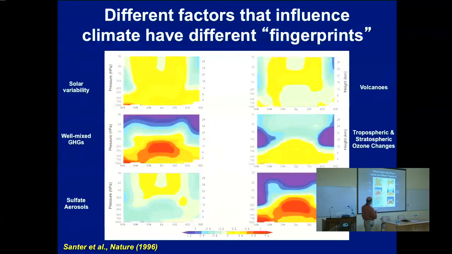So if I run a model and say this is solar radiation only, okay, then it produces a temperature response, mostly warming, through the troposphere and stratosphere. Okay?